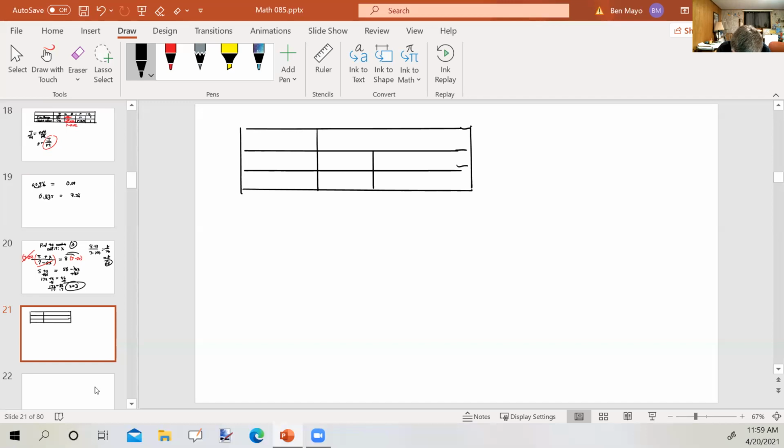And so distance equals rate times time. And we've got the Dodge and the Chevy, okay? Dodge, Chevy. Okay. Any questions about what I've done so far? Nope. Okay.